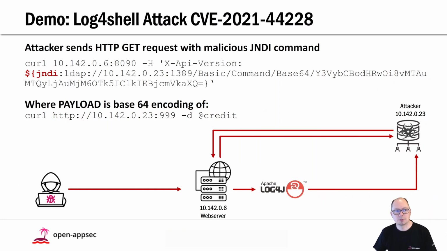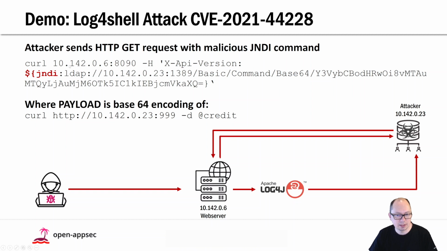So now let's do a specific demo and check out the Log4Shell attack in a real environment. In this example, there's an attacker visualized here, and the attacker wants to attack a web server that you can see here, which is running a vulnerable version of Log4j.